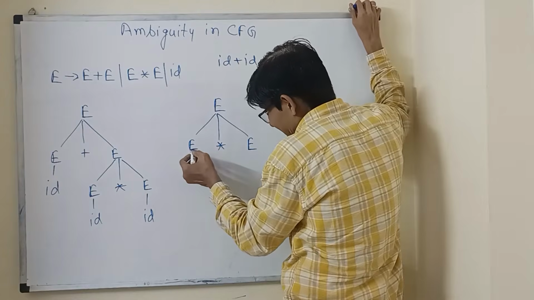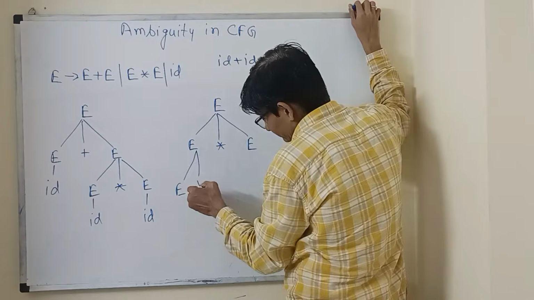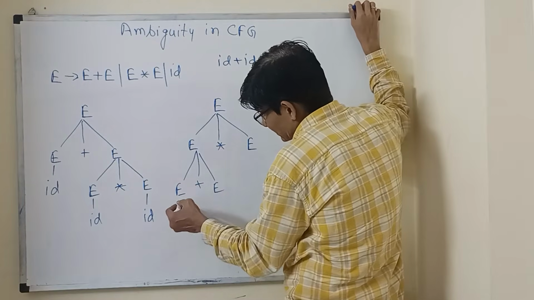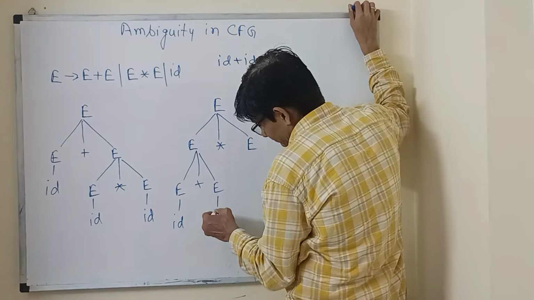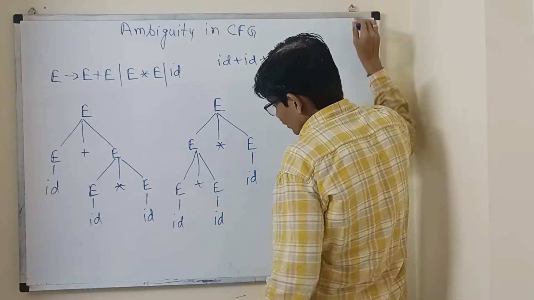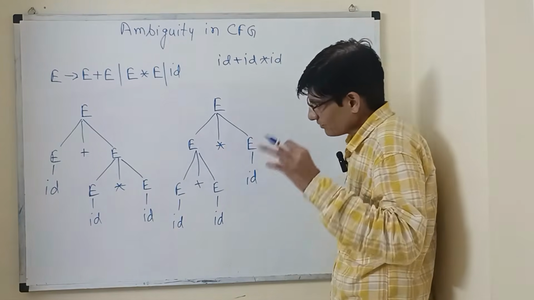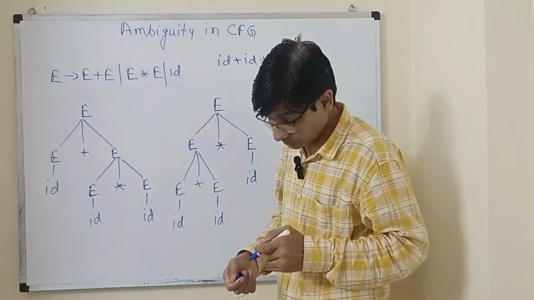Then this E I can replace with E plus E. And then all E's we can convert to ID. Now you can see, my friend, in both these parse trees, we are generating the same string from the same grammar.